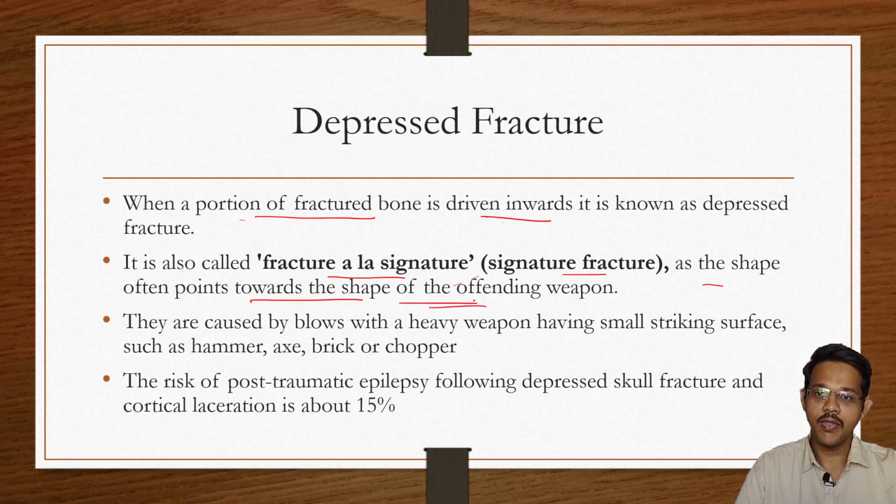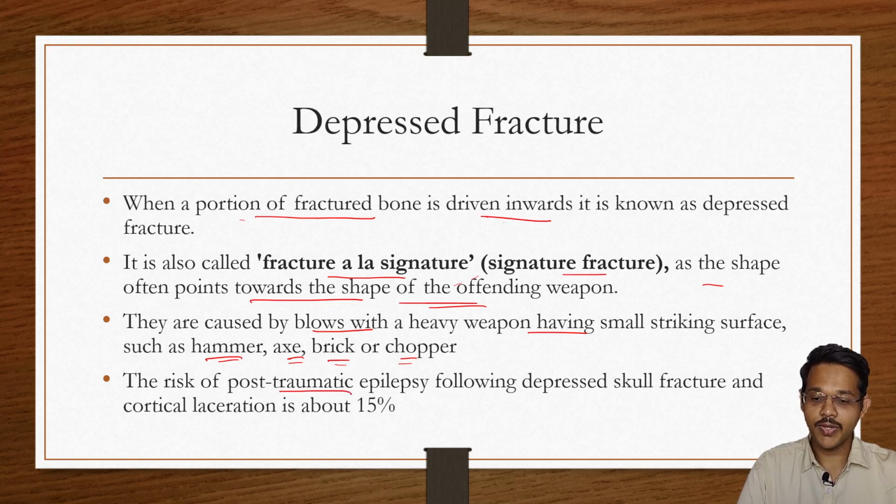Typically the object causing the depressed fracture leaves a mark resembling its shape. They are caused by blows with heavy weapons having small striking surfaces such as a hammer, axe, brick, or any chopper. Anything acting locally may drive the bone inward.